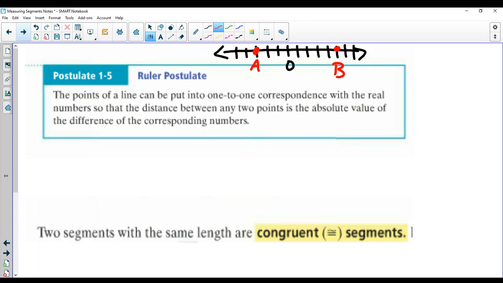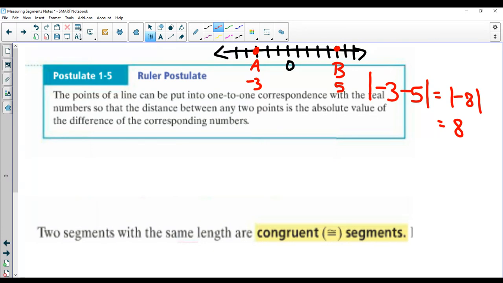Well, A is at 1, 2, it's backwards, so it's at -3. B is at 1, 2, 3, 5. And we could do the absolute value of -3 minus 5, which is -8, which we all know is 8. That's basically what that means.